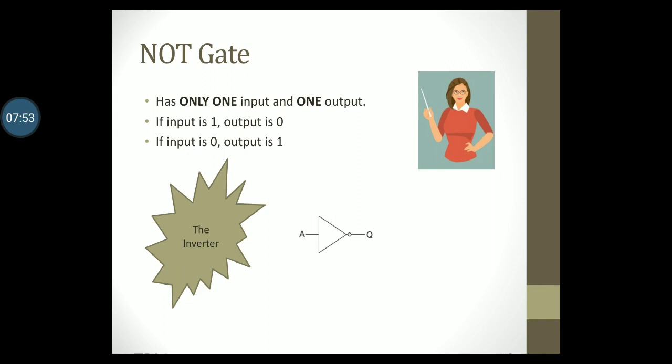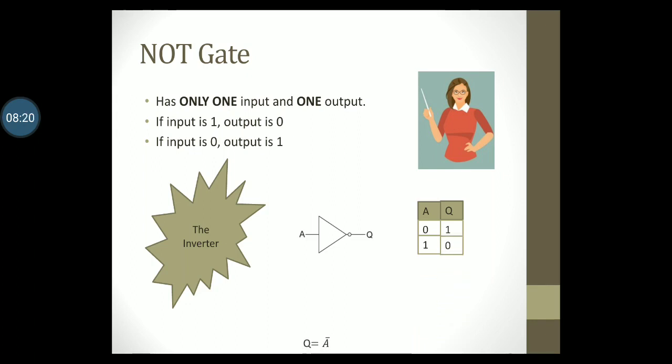Let us write the truth table for the NOT gate. Start by listing the inputs, that is just A. Then write the output, which we labeled as Q. If input A is 0, the output Q is 1. If input A is 1, the output Q is the opposite of it, that is 0.